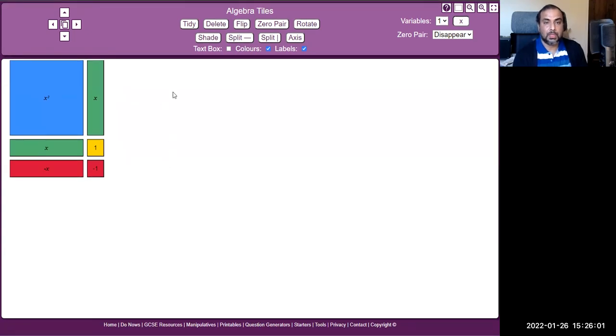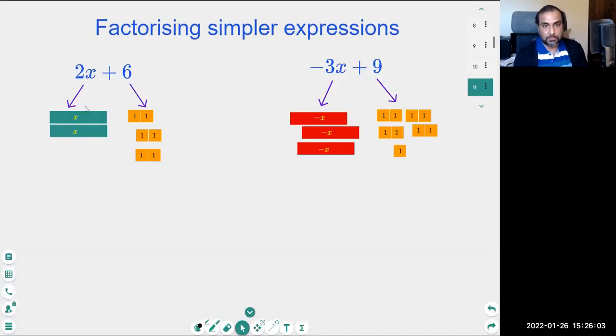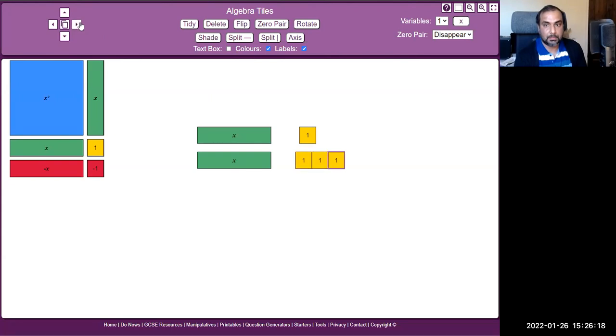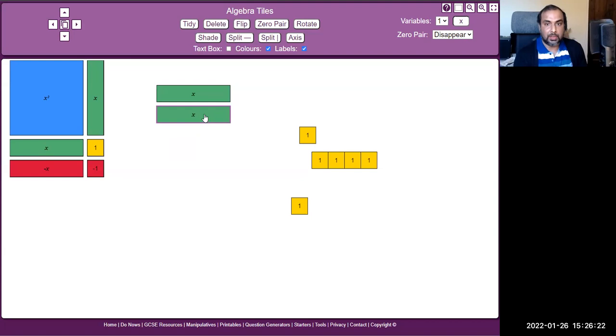Yeah. So what was I going to do? Forgot. 2x plus 6. Okay, so 2x's is 1x is 2. I'll drag 6 of those. I can also make copies of that quickly. That's 6. That's 2x. That's 6. How can I rectangularize this?